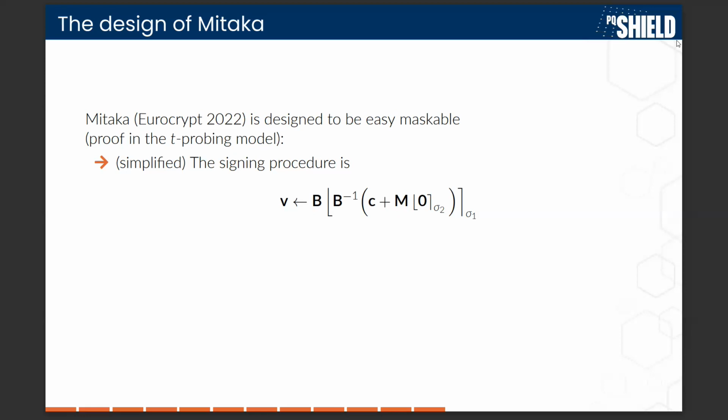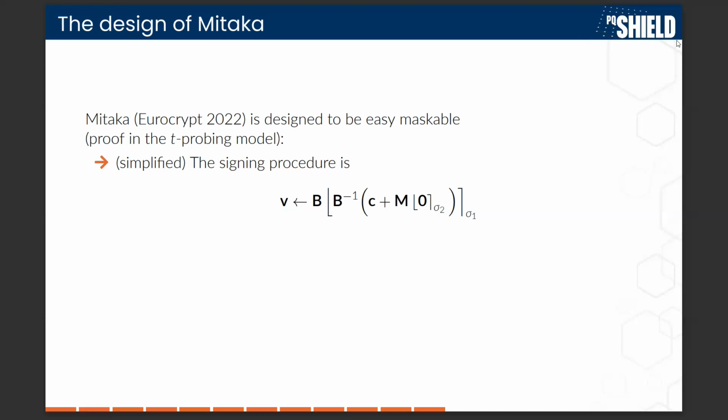We won't give exactly the signing procedure algorithm, but what I showed you before is roughly how it works. Again, one chooses a random small vector, multiplies it by an appropriate linear transformation, then adds C, applies B inverse, and then rounds this off.